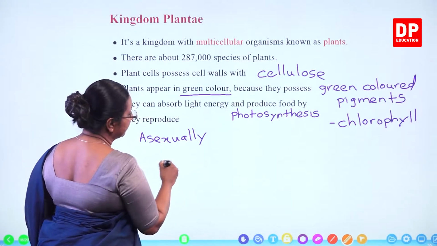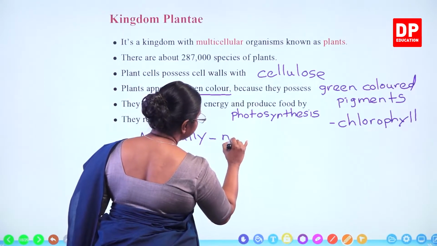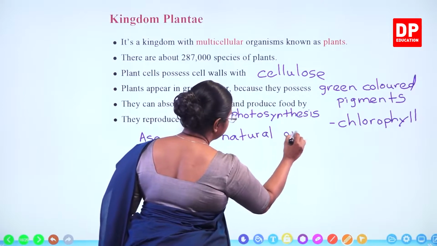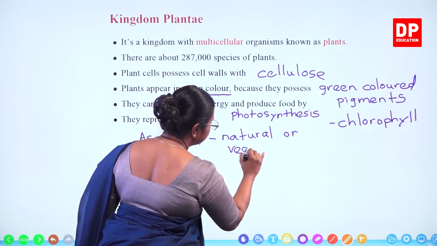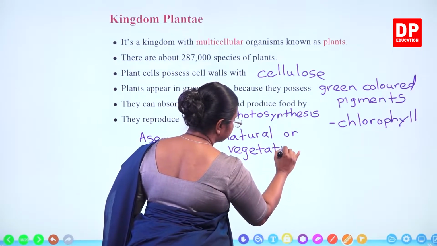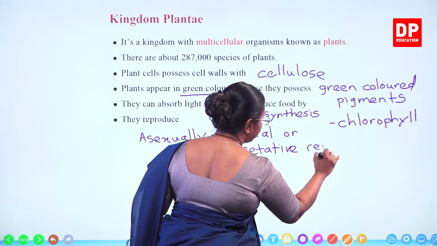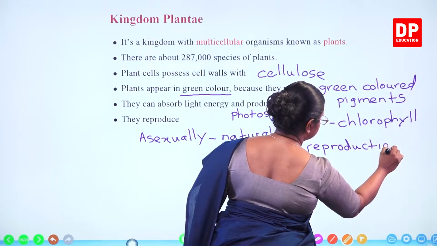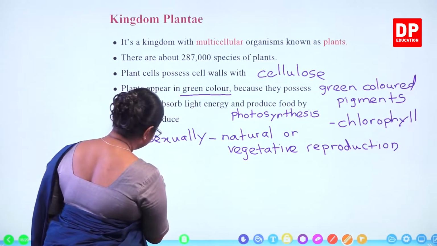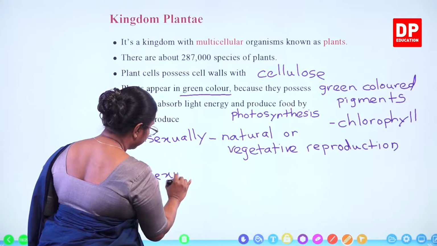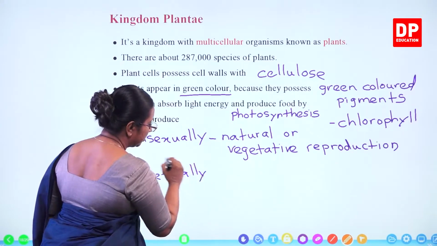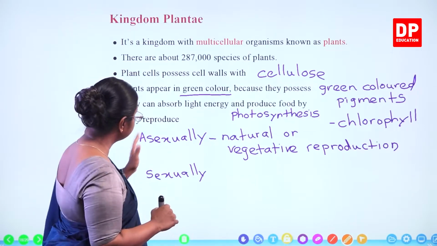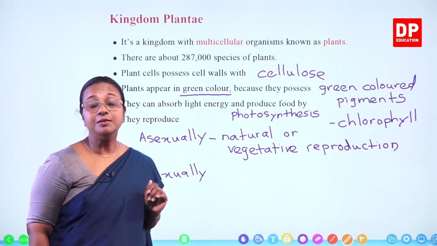Under that we will be discussing natural or what we call as vegetative methods of reproduction, and also they show sexual reproduction. They can reproduce sexually. So plants can reproduce asexually or by sexual methods.